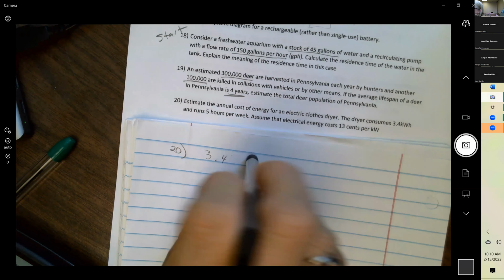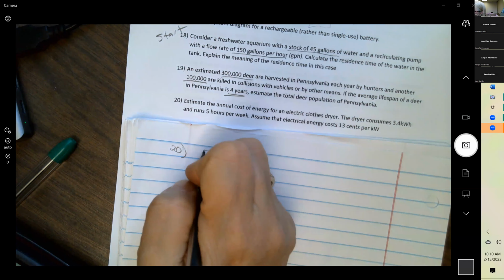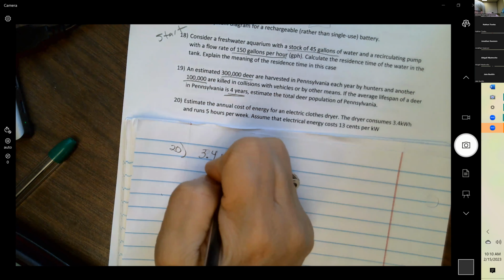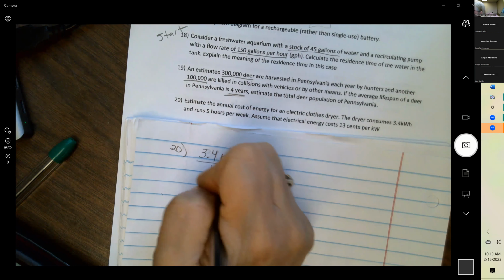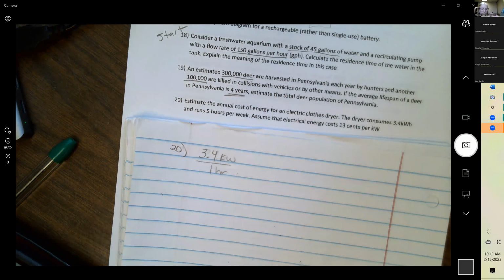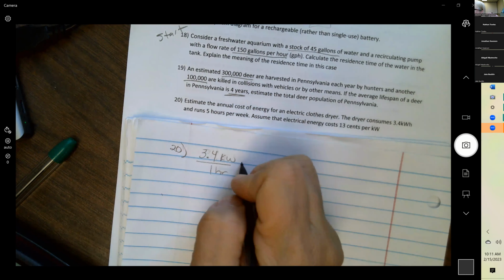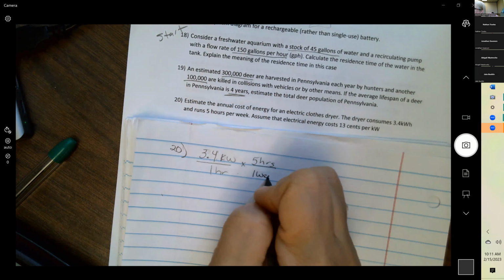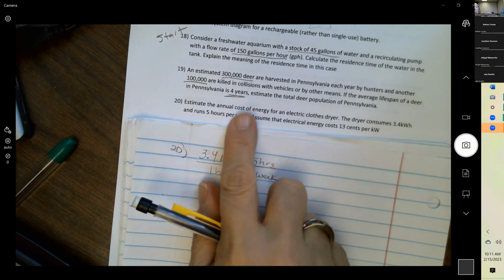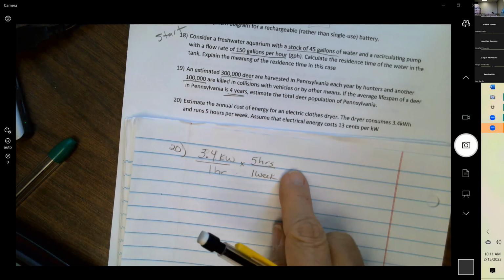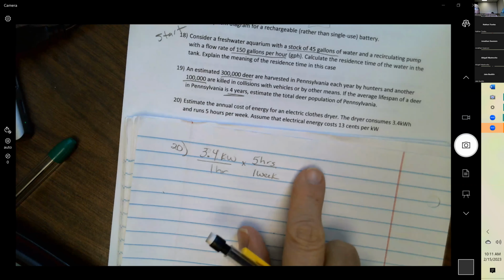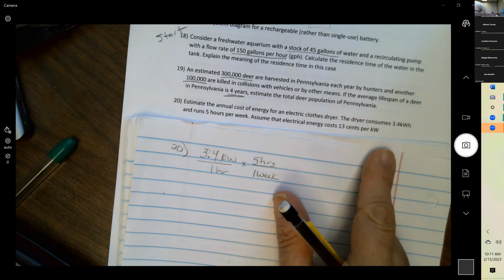So it's 3.4 kilowatts per hour, and we know 5 hours per week. I left hours on top so the hours would cancel. We know the cost is 13 cents per kilowatt hour.